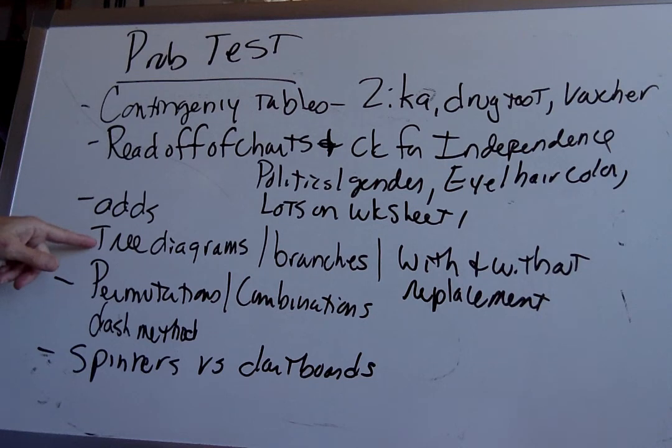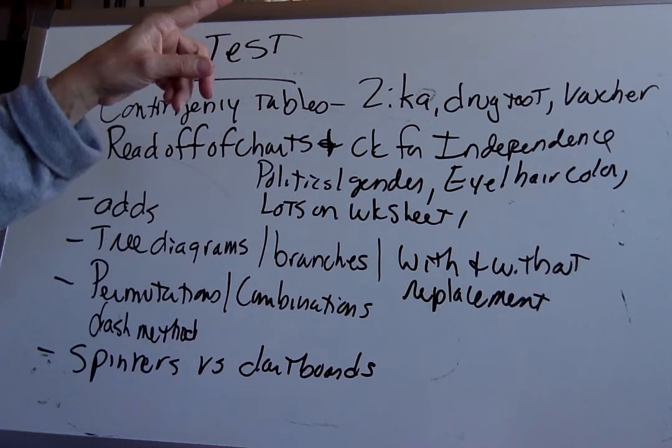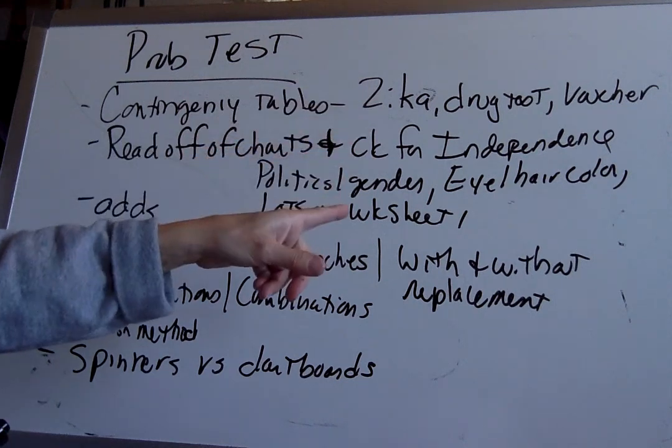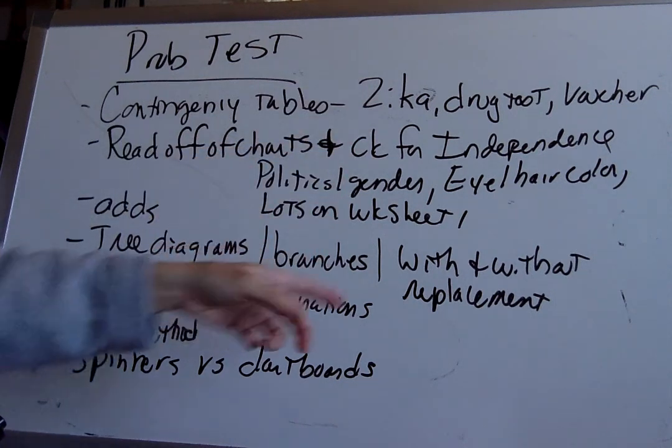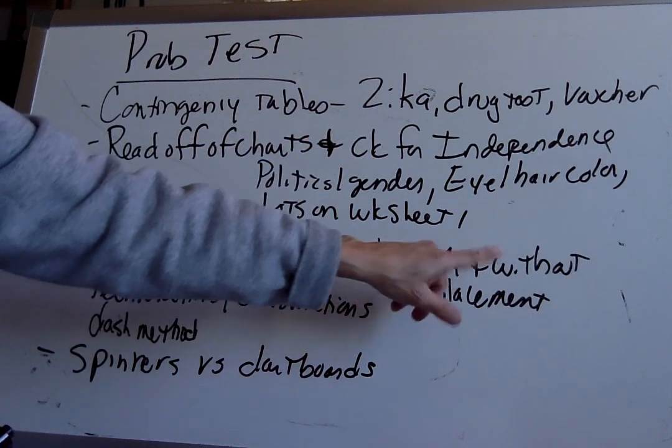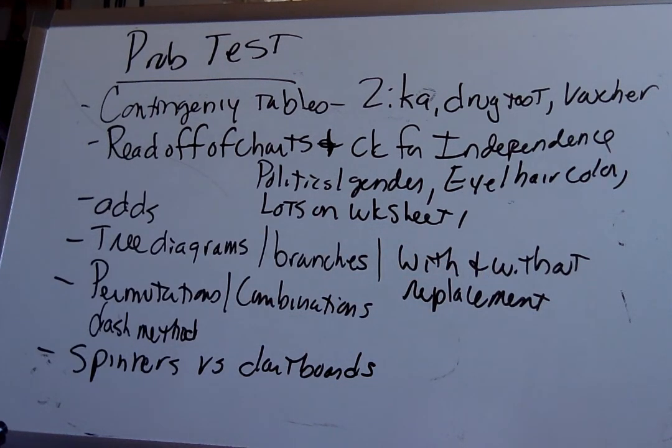Tree diagrams. We were doing condensed. We were labeling the branches. Then we had to multiply the branches to actually get the probabilities. We did examples with and then without replacement, all of that stuff. There's definitely none of those on worksheet 1. So this is coming from your lecture plus the book.